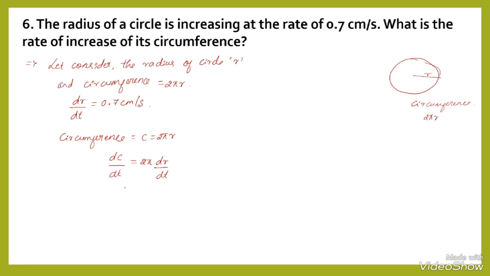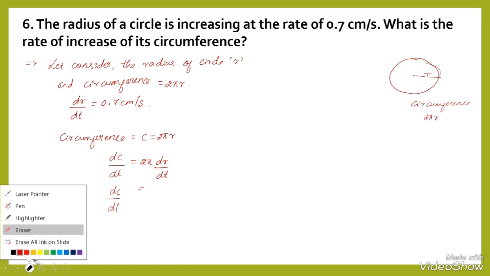We have to substitute the values. For dC by dt, the rate of change of circumference, we have to check the point at which it is asked. Here there are no points given.